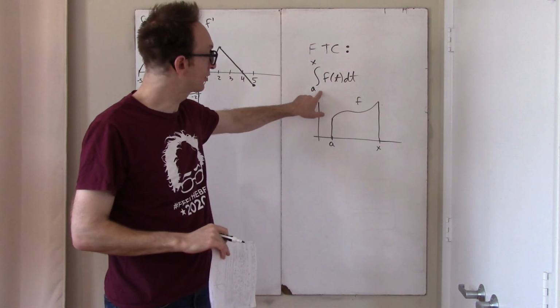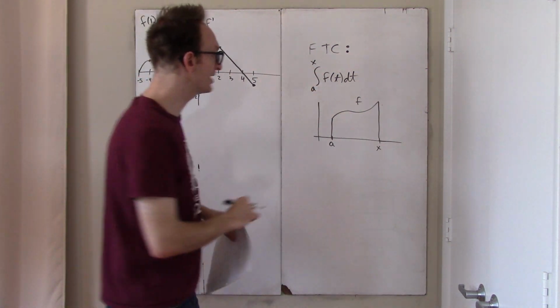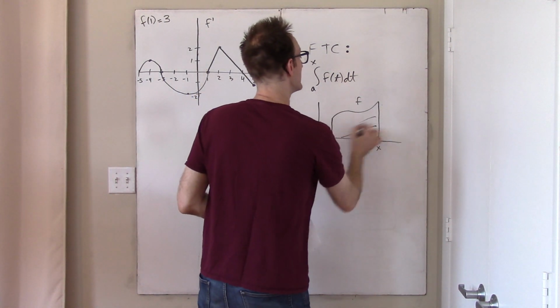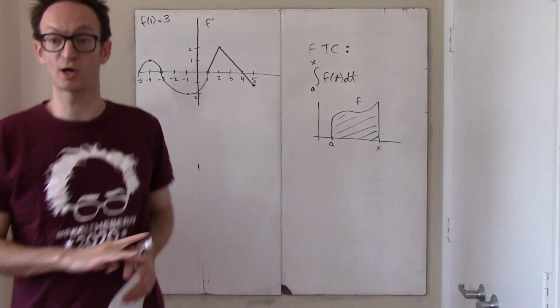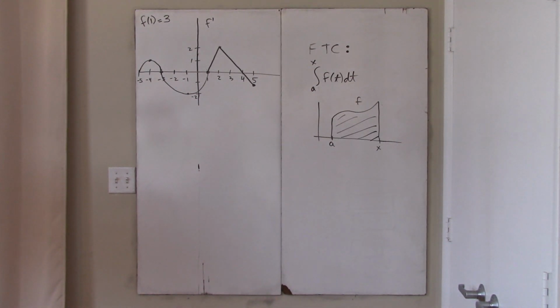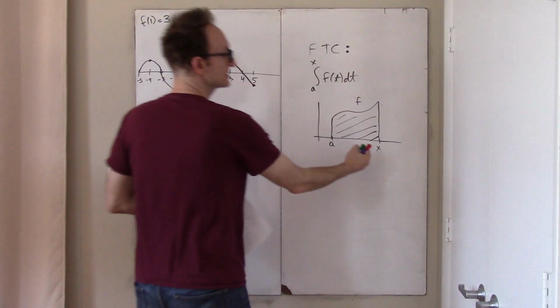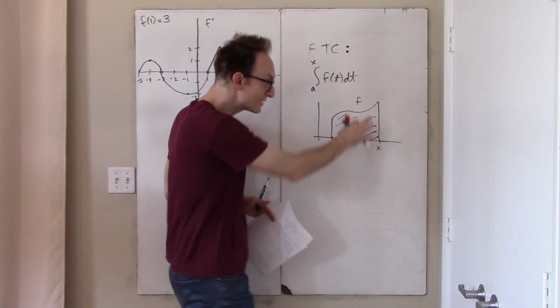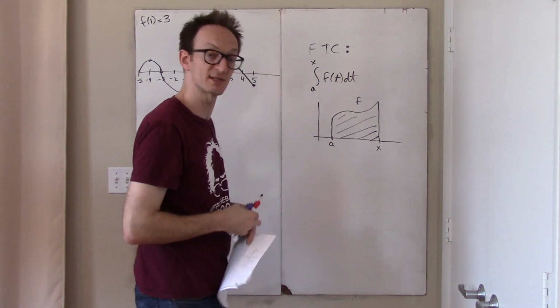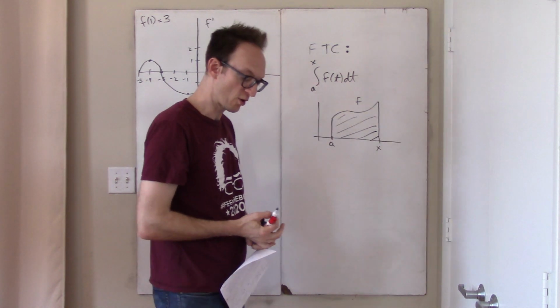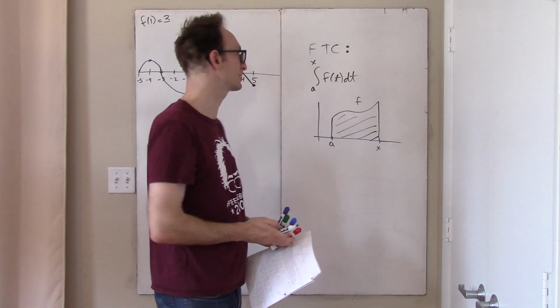So the integral from a to x of some function represents the area under this curve so far, and as x changes we move to the right and we accumulate more and more area. This is what's known as an accumulator function, or I think it should be called an integral function.